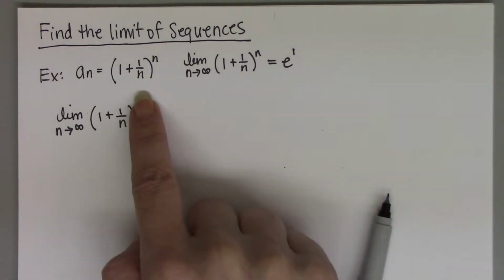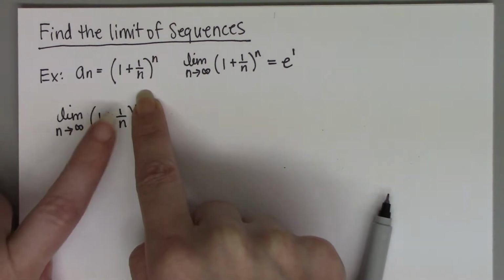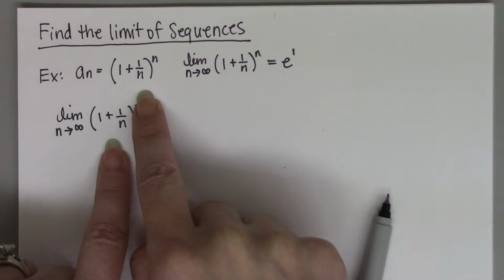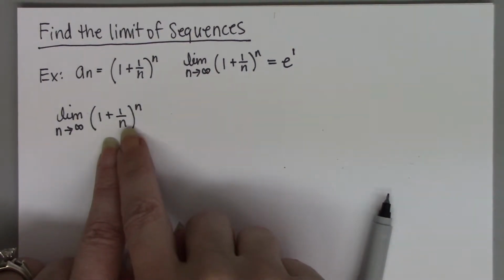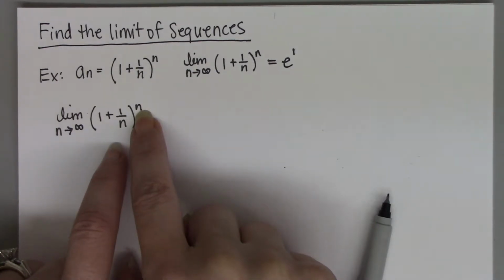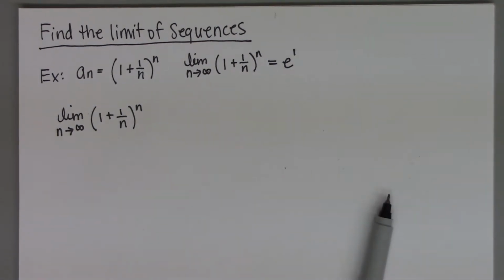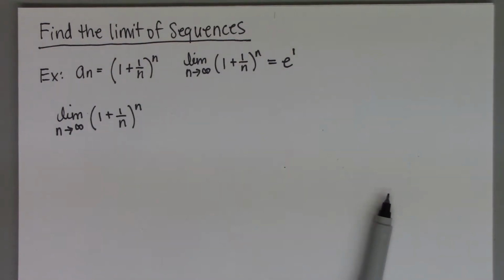If we only look at what's inside the parentheses, right, we would see, well, 1 just stays 1, but we know 1 over n goes to 0. We just saw that in our L'Hopital example. So some people might say, well, the whole inside of this is just 1. Well, if I raise 1 to the n, and n's going to infinity, 1 times 1 times 1 times 1 all the way up to infinity would just be 1. So a very common incorrect answer to this would be that this is going to 1, and it's not going to 1, it's going to e.